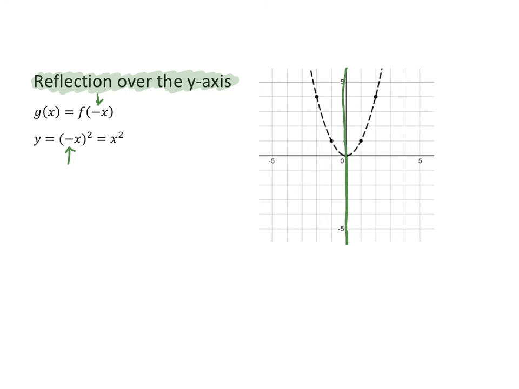But it just happens to be that if I flip all of these points over, they actually flip right back on to the opposite point. So it doesn't look any different from the parent function, but I have reflected it over the y-axis. Remember, there's no visual change for quadratics when I'm doing a reflection over the y-axis, because they just reflect right on top of each other.